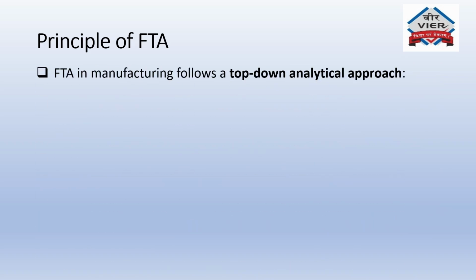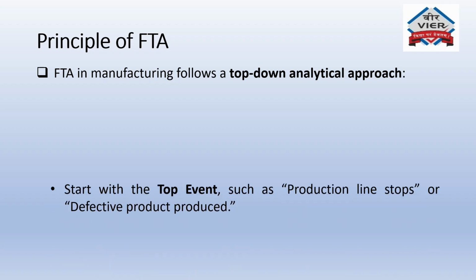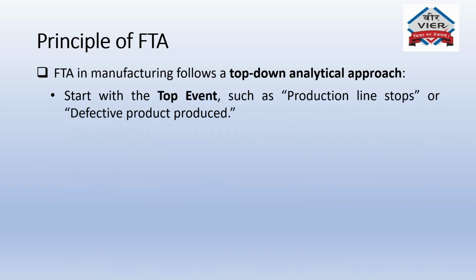The principle of FTA is that in manufacturing it follows a top-down analytical approach, right? So when we are constructing the fault tree analysis, these are the steps or principles involved. First, start with the top event, such as production line stops or defective product produced.